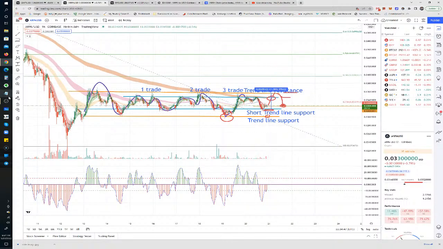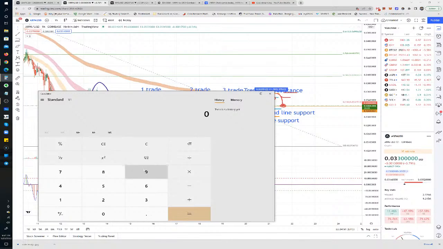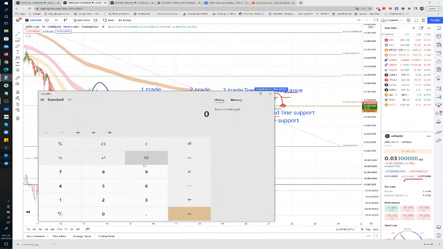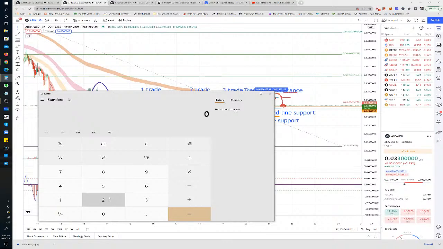12%. 12% doesn't sound like a lot. You're like, well, I like 30, 40% gains. Ladies and gentlemen, if you're making 12%, 20% gains every other day, hello, that's it. You're looking at the monthly. Say you do 15 trades, the average will be 15%.